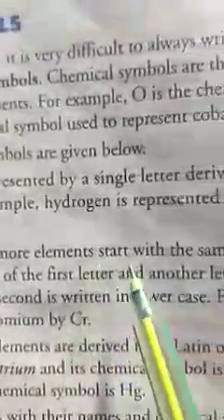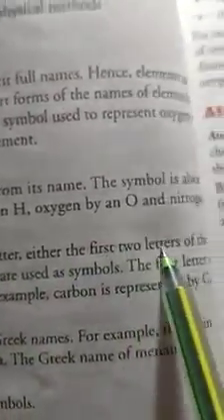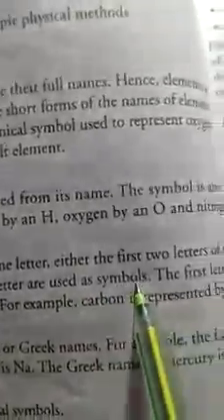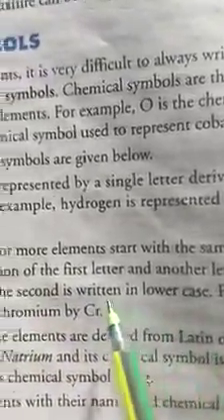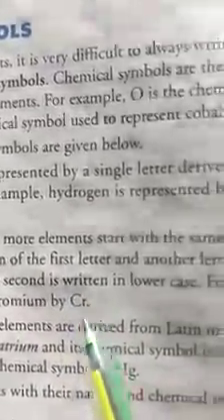If the names of two or more elements start with the same letter, either the first two letters of the name or a combination of the first letter and another letter are used as the symbol. The first letter is capital and the second letter is written in lower case. Earlier I told you the first is a capital and the second is small.